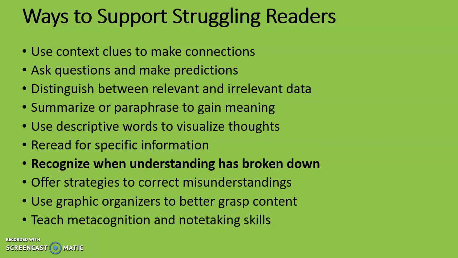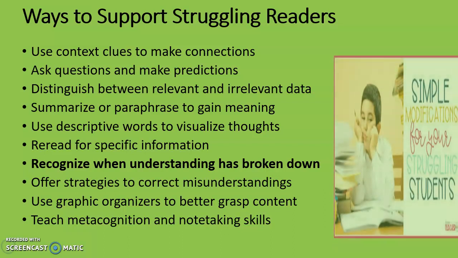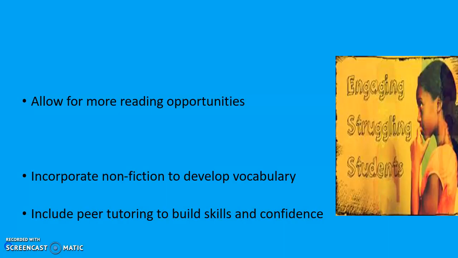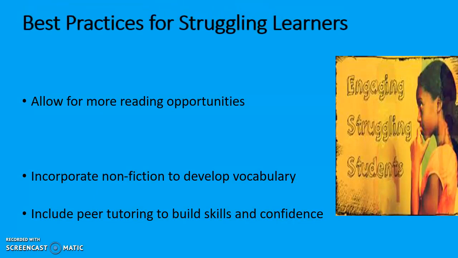We can paraphrase, summarize, use descriptive words, reread, and recognize when understanding has broken down. That is huge in the classroom, for teachers to see that and for students to realize that through metacognition when we teach that. We offer strategies, using graphic organizers, so we don't have that frustration. Or if we do, we have strategies put in place.